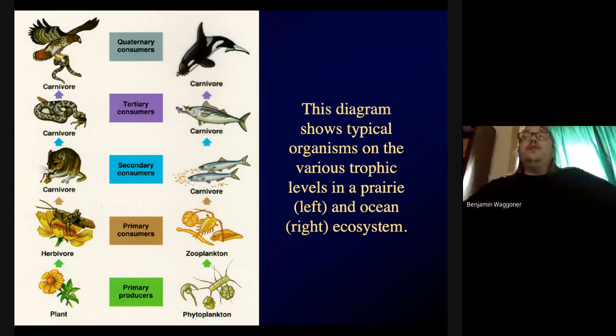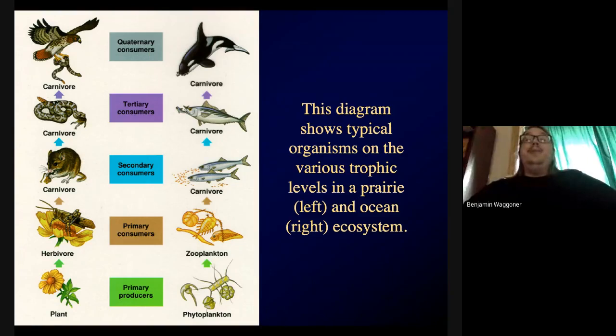On the right, there's what it would look like in the ocean. The primary producers are mostly single-celled protists and bacteria, little green algae floating around. Those get eaten by what we call zooplankton, which are little nearly microscopic shrimps and fish larvae and other critters like that.